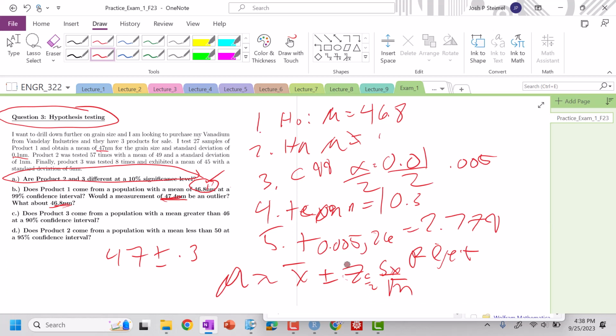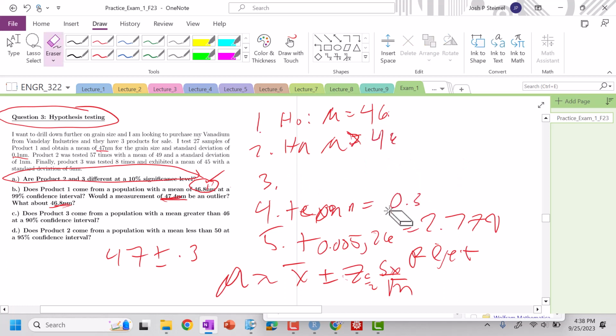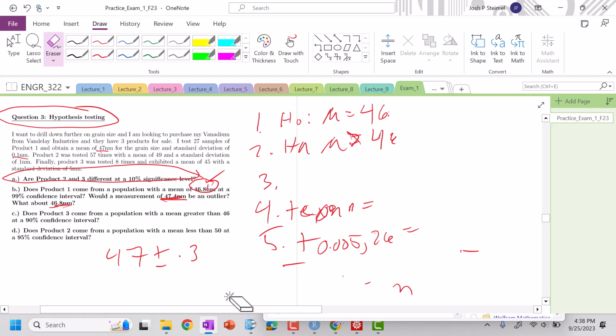Does product 3 come from a population with a mean greater than 46 at 90%? So now let's do 46. That's our null. Here we're going to say greater than 46. Let's get all the rest of this out of the way. We're working at a 90% confidence, so our alpha is equal to 0.1.